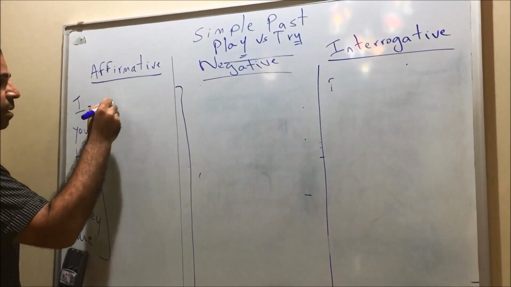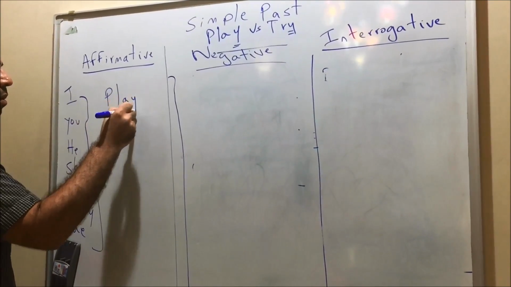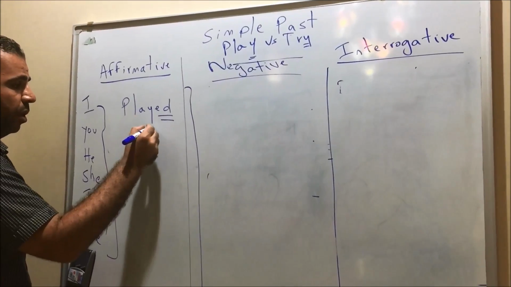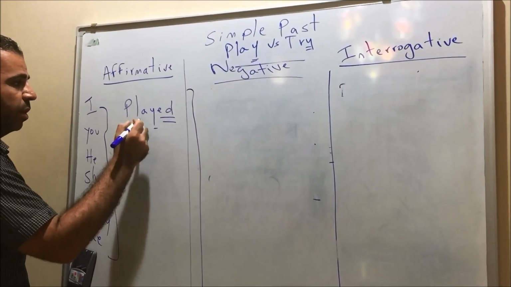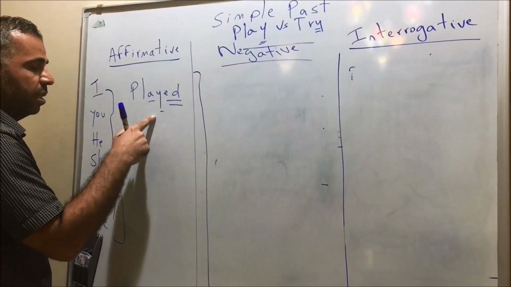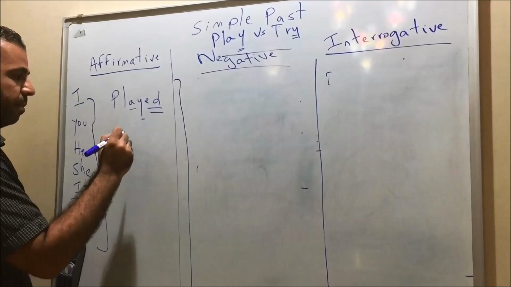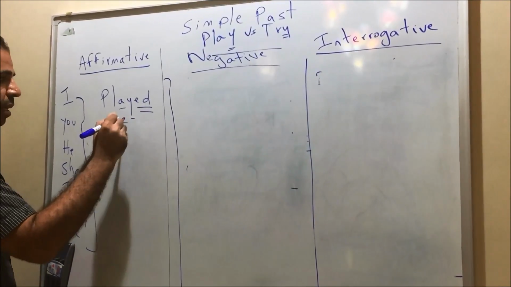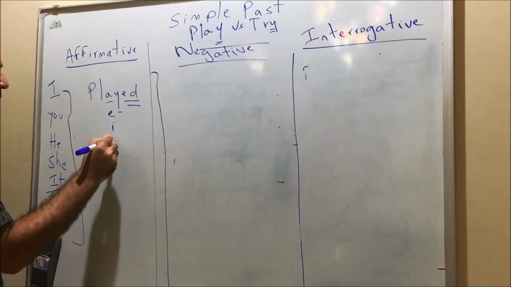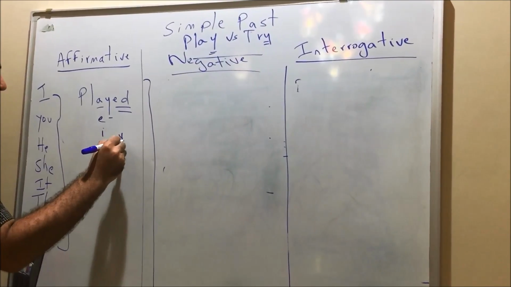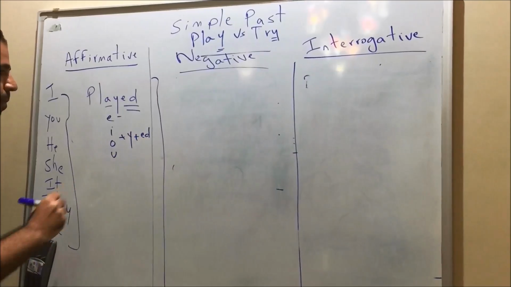Here I say I played. I just add a d because before y we have a vowel. It is the same rule as the s with he, she, and it in the simple present. That is here: a, e, i, o, u plus y plus ed.